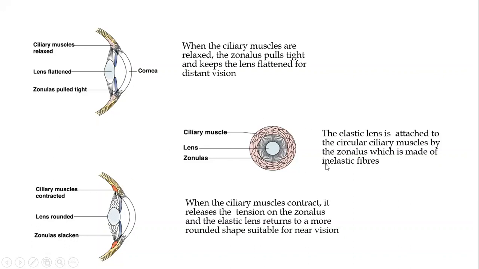The elastic lens is attached to the circular ciliary muscles, and the muscles are linked to the lens by the zonulus, which is made up of elastic fibers. These are the fibers that are able to either pull or relax, so that we change the curvature of the lens.